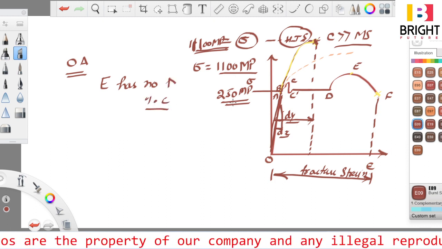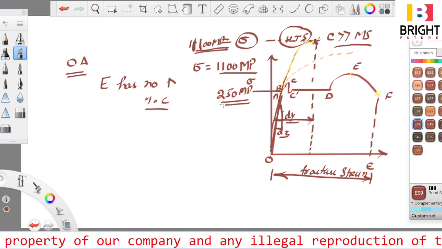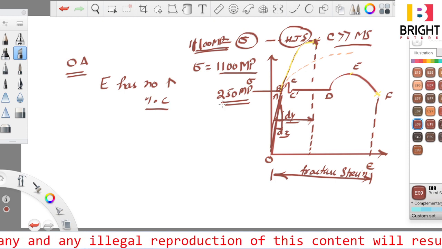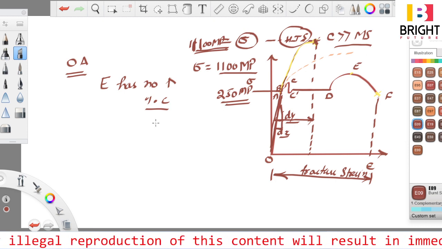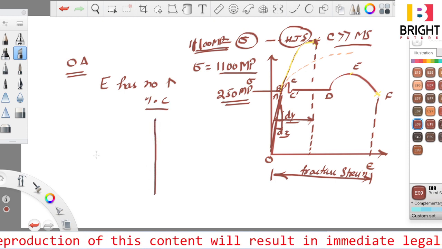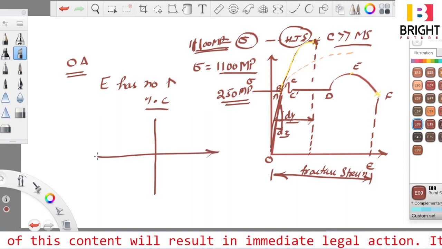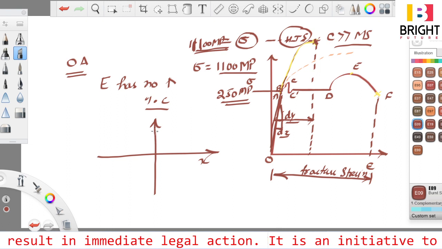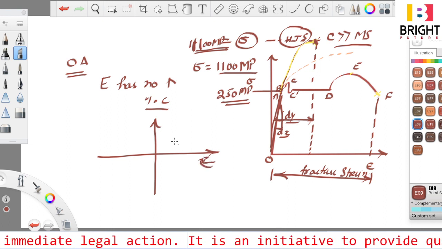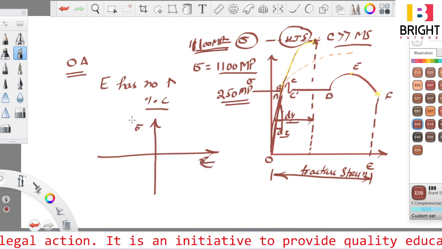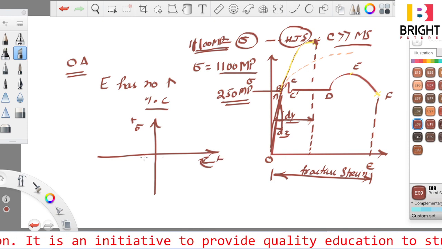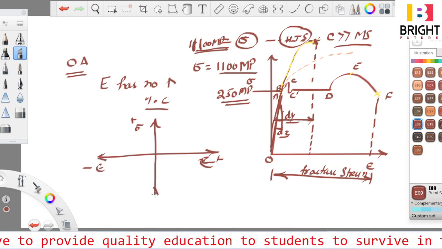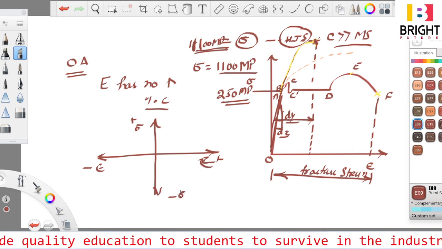So this is about the behavior of the material if we increase the percentage of carbon. Now if we draw this, say this is our x-axis, this is strain, this is stress, this is plus coordinates, this is minus coordinates, minus epsilon, and this is minus sigma, right?